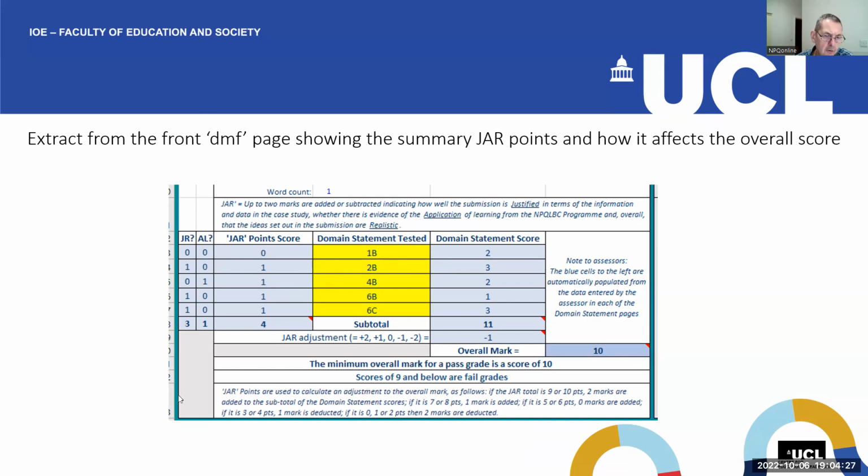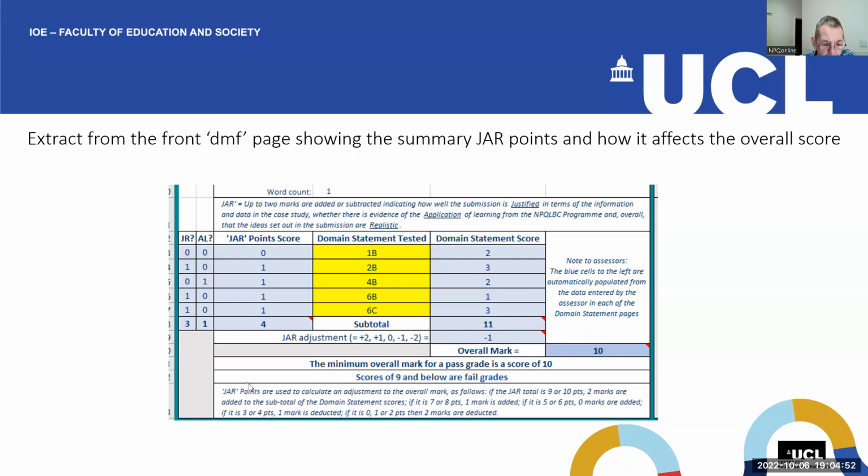So overall, adding up all the JAR points scores for the other 3 tabs, which we've not looked at in this short video, then altogether, in terms of JAR question 1, the participant here scored 3 out of 5. On JAR question 2, they scored 1 out of 5, so the total was 4.